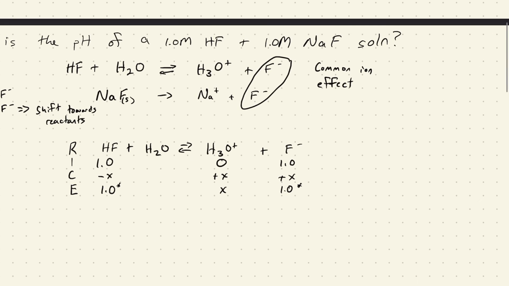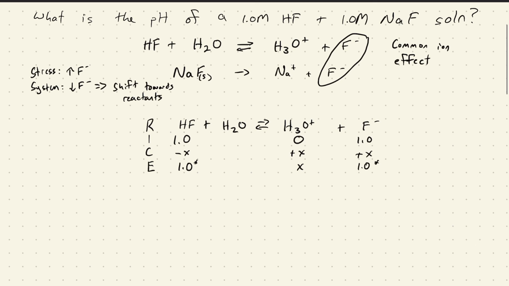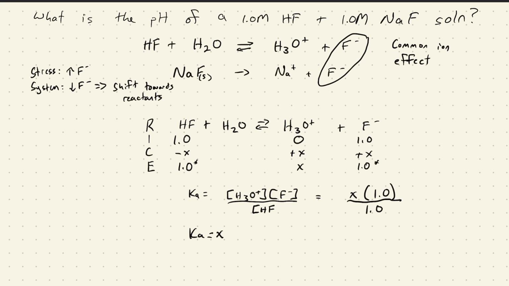So now, when I do my equilibrium expression, what I get is x times the concentration of fluoride ion, which is 1, over the concentration of HF at equilibrium, which is also 1, which means that x just equals Ka, which is 7.2 times 10 to the minus 4.